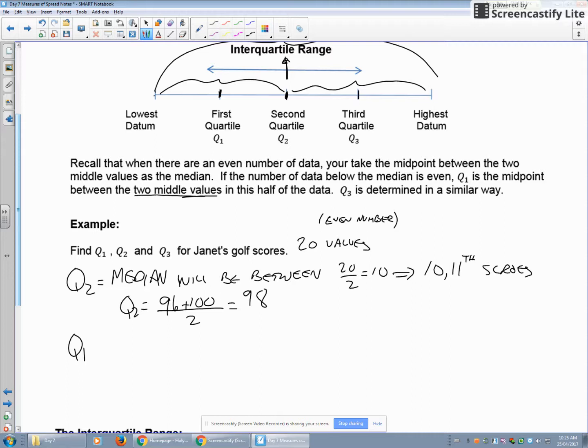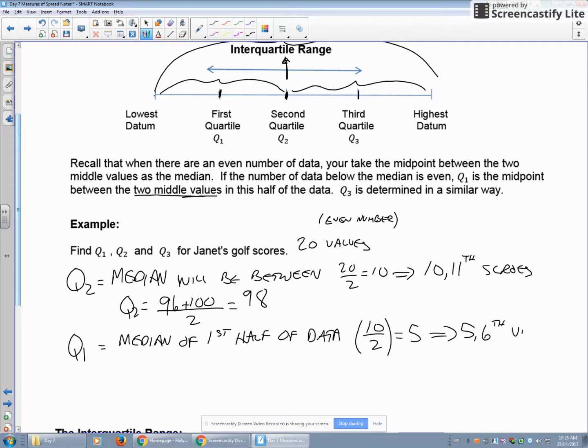Quartile 1 is just the median of the first half of the data. Right, and we have 10 values in the first half of the data, an even number. So 10 divided by 2 is 5, so I look at my 5th and 6th values or scores.